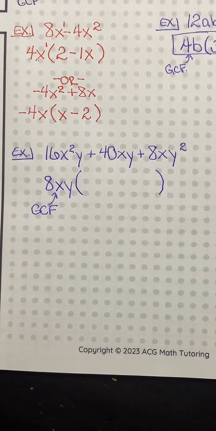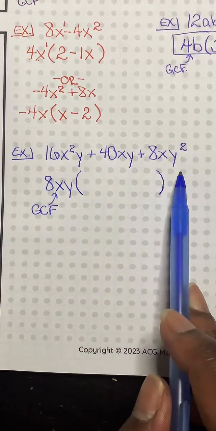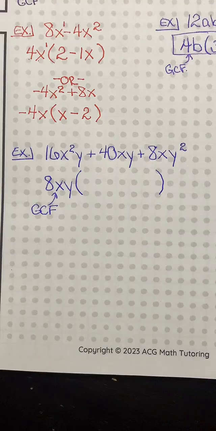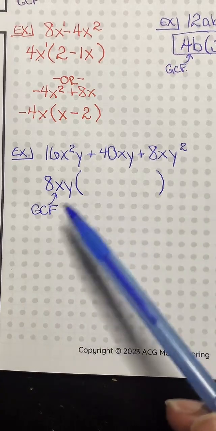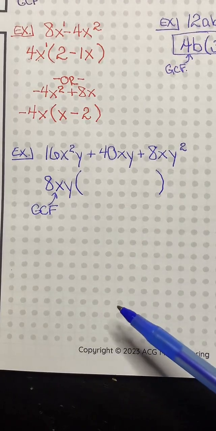What is GCF for? Why am I doing that? Because if we're trying to break down our factors, factoring is just the reverse of the distributive property. It's almost like the show Jeopardy, where they give you an answer and the answer is supposed to be in the form of a question.